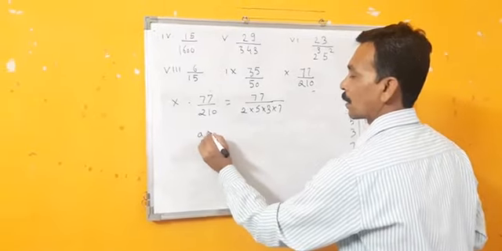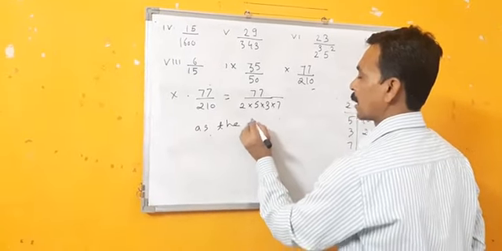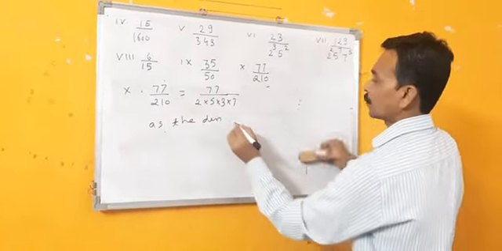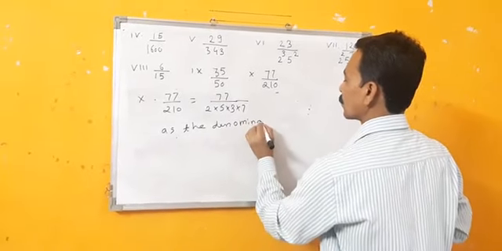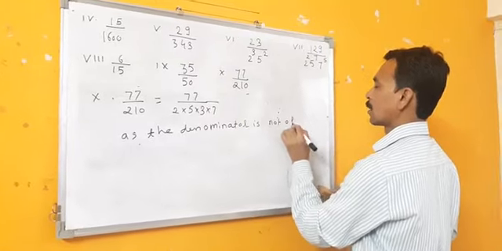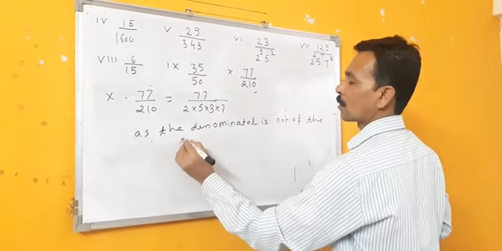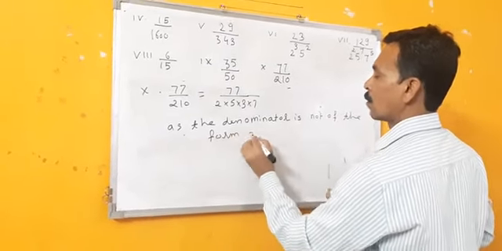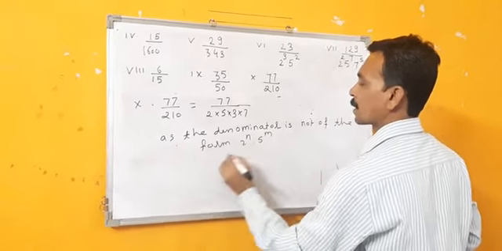Then I'll write here. As the denominator is not of the form 2 raised to n into 5 raised to n.